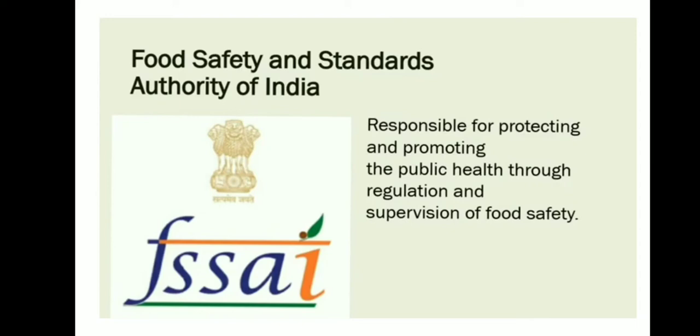These seals, this certification, you would have seen on packed items. This is also a kind of certification, and what does this denote? Food Safety and Standards Authority of India. They take responsibility for protecting and promoting public health through the regulation and supervision of food safety.